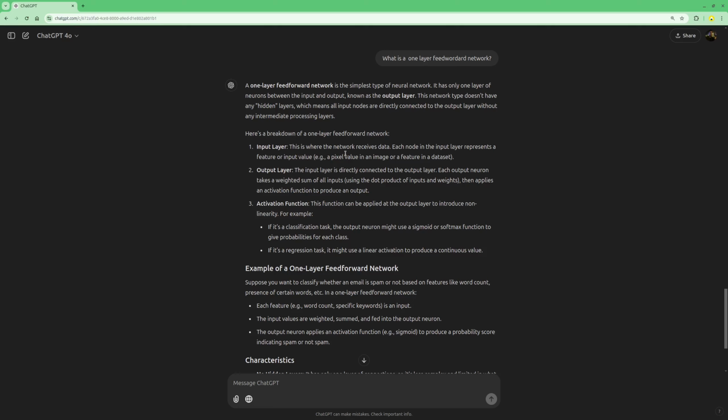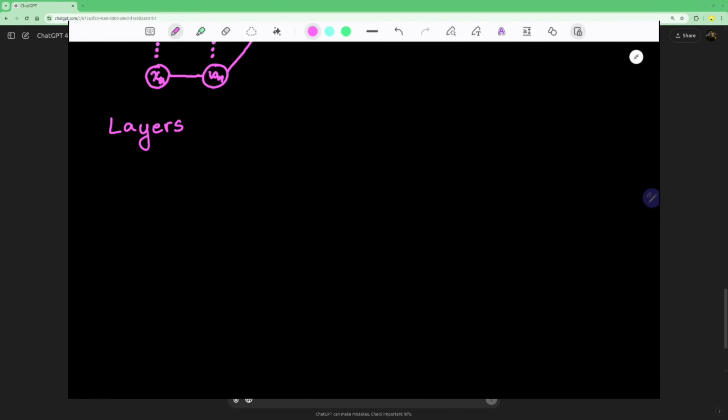So we have an input layer. Let me draw this. Let's say this is the input layer, and we have here x1, x2, x3, all the way to however many we will have.